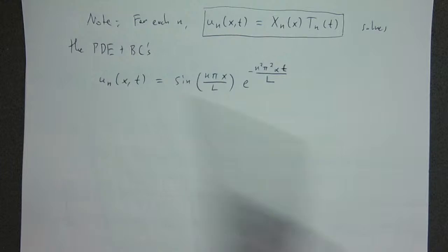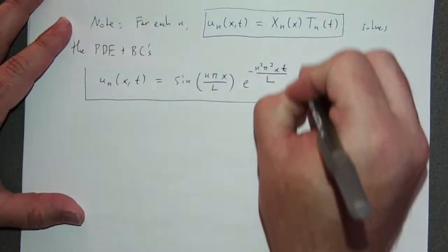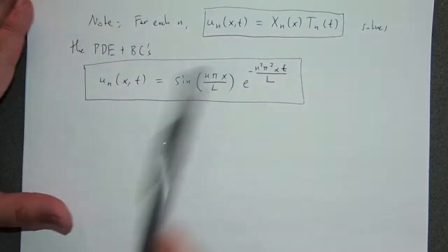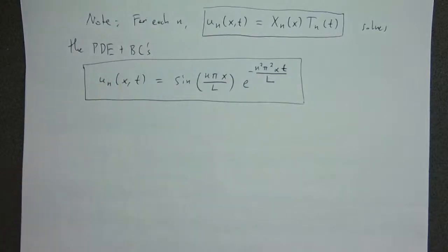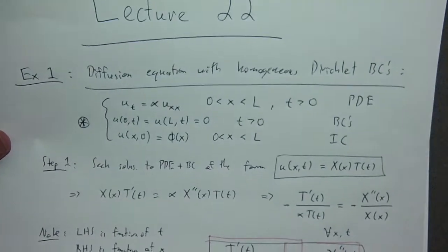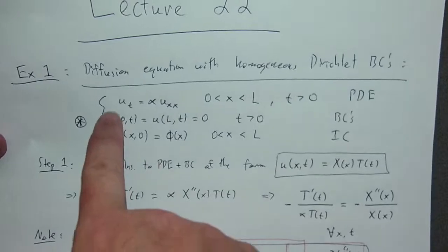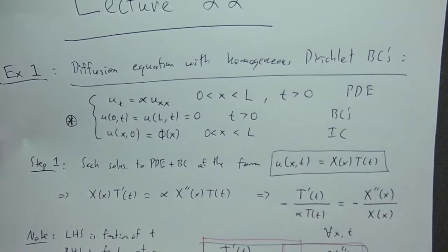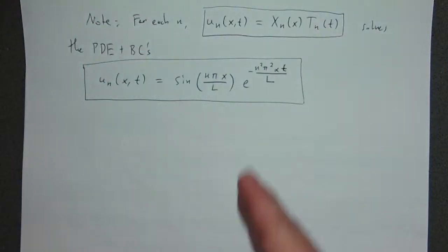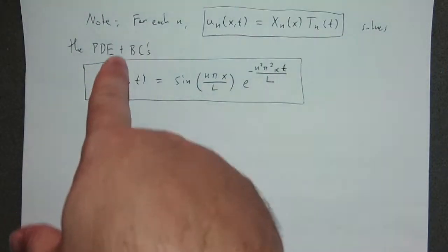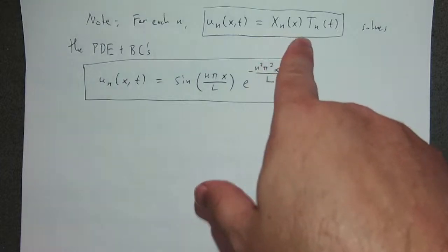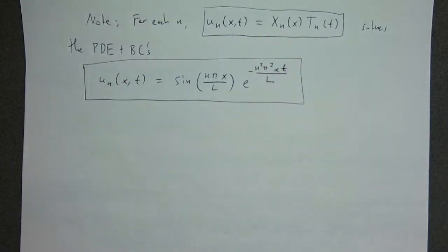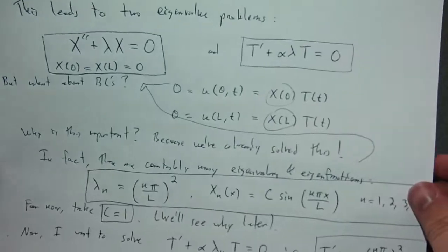So this is my solution for each n that solves the PDE plus BCs. Well, if it solves the PDE plus BCs for each n, one thing is I have the superposition principle because this is a linear PDE, right? I have the superposition principle. So it solves the PDE because it satisfies these two eigenvalue problems, right?